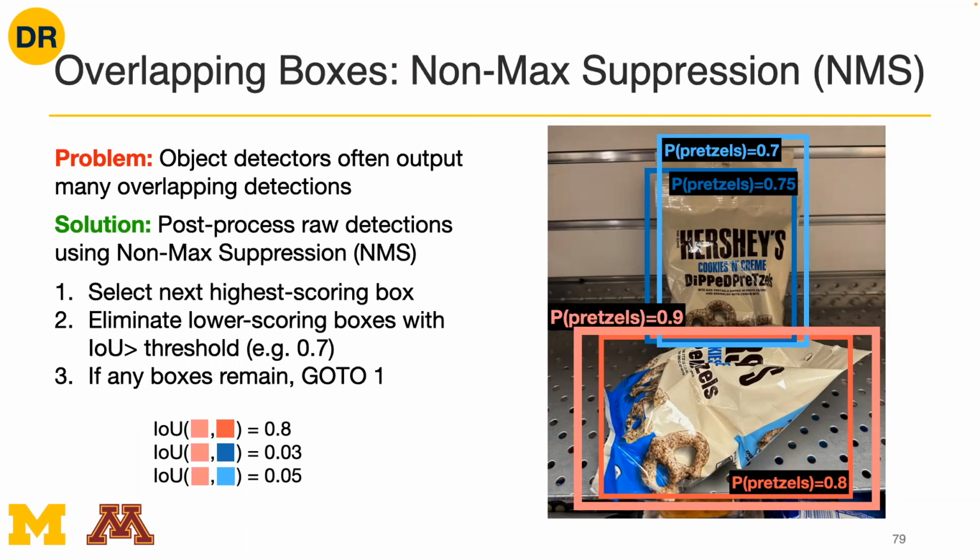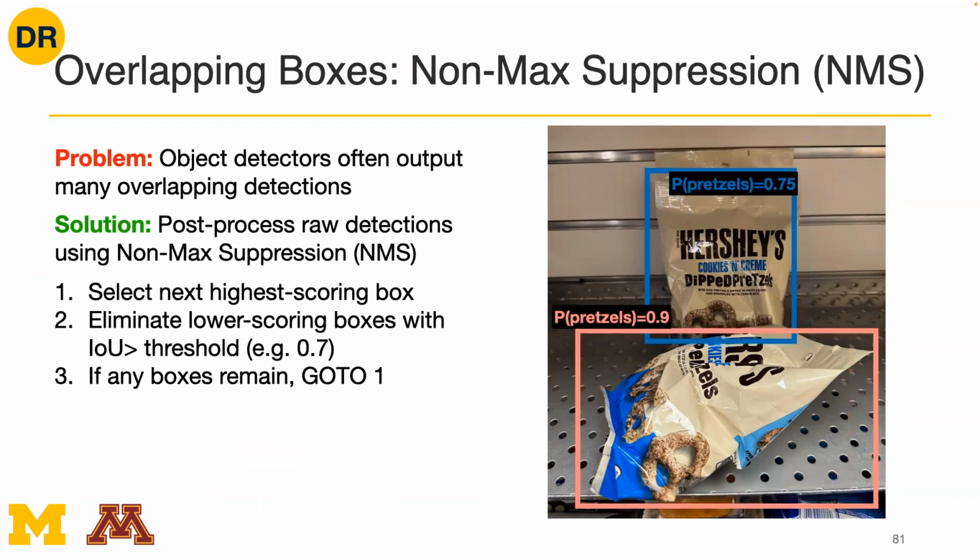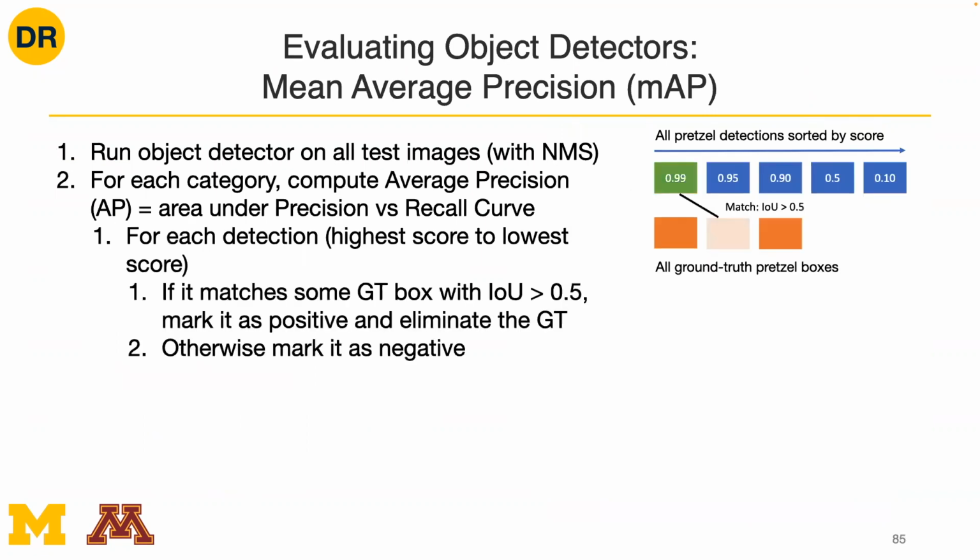The way to do that is you start from the highest scoring bounding box, and then pick the bounding box that has an IOU of greater than 0.7 with the selected bounding box, and see if there is too much overlap, you eliminate that. Okay, got it. So non-maximum suppression is post-processing. It does not use the ground truth. Okay, thank you. Of course.